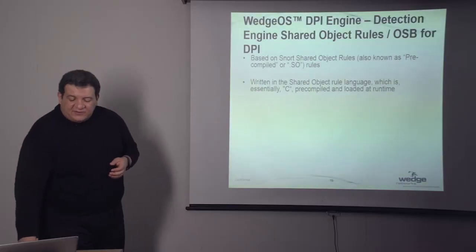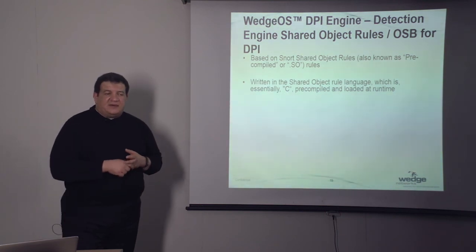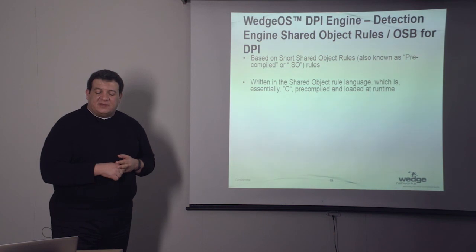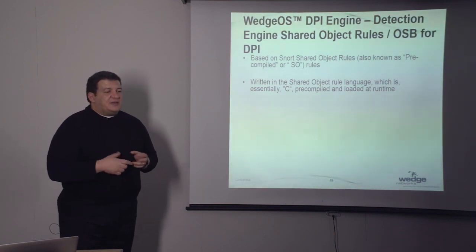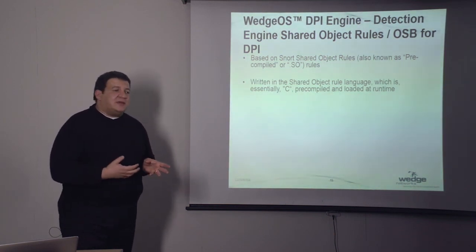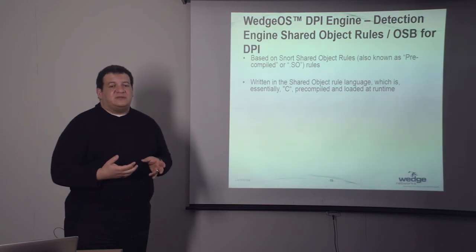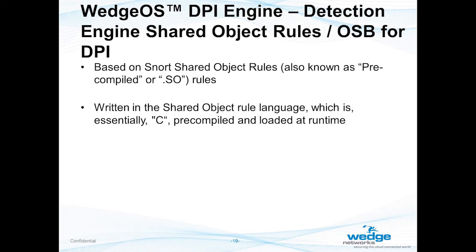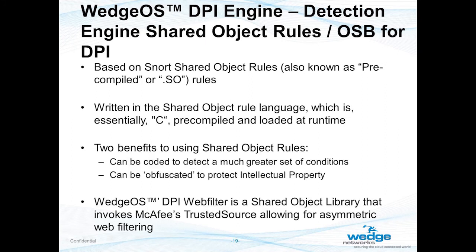I'm going to take you now further through the programming interface of the Wedge DPI engine. It's a bit extensive, but again, it builds on what the whole industry recognizes from Snort. It is based on the Snort shared object rules, which are known as the .so rules. You can write the rules in shared object rule language, which is essentially C, and then precompile it.